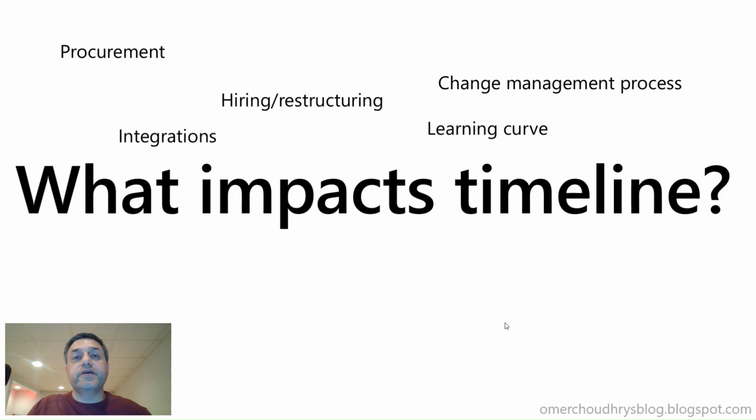Then also there's a learning curve. If the DLP solution is new, if you are replacing your DLP solution or deploying a new one, that will definitely impact the timeline. So make sure the learning curve is part of the plan. The DLP tool's own evolution is also an important factor, because sometimes there are new tools in the market.